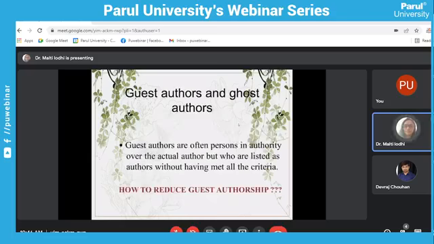Now we'll see guest authors and ghost authors. Who will be the guest author? Guest authors are often persons in authority over the actual author, but who are listed as an author without having met all the criteria. So they are called guest authors. They don't meet the criteria of an author, but they are considered authors while writing the research findings or research report.